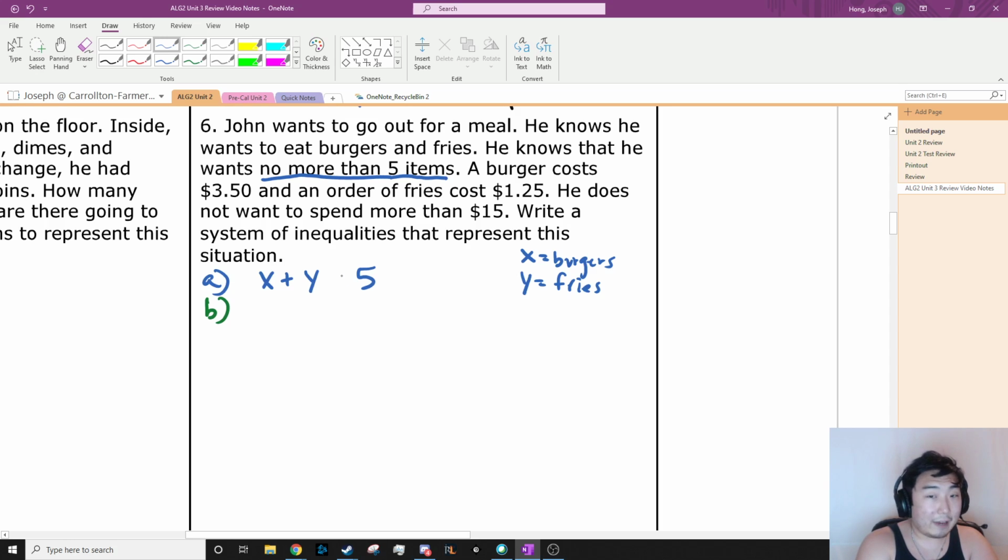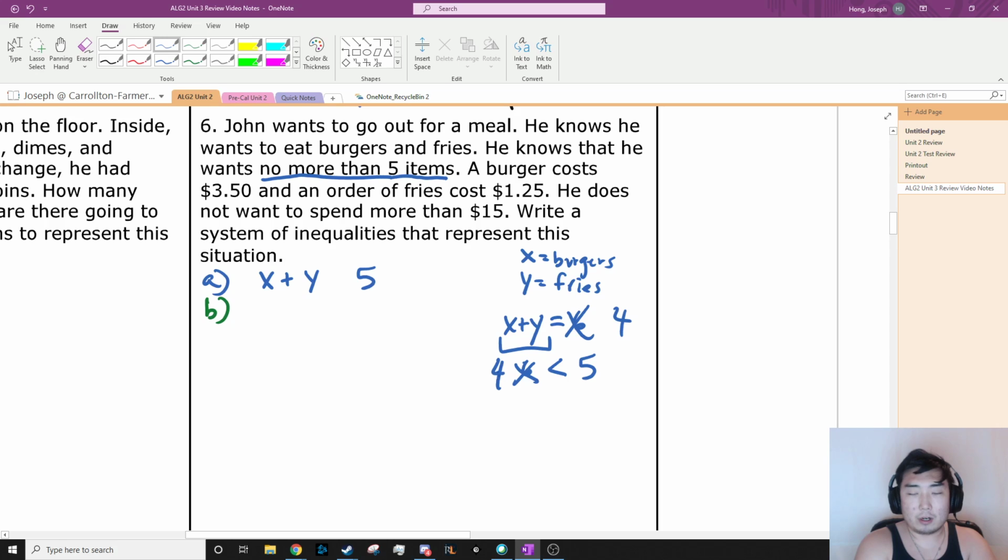So he could have 5 items, but could he have 6? No. So what if, for example, my x plus y is equal to 6? If I have 6 versus 5, this wouldn't work out, right? I want something smaller. I would have to be like 4.